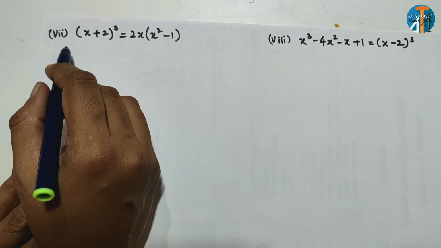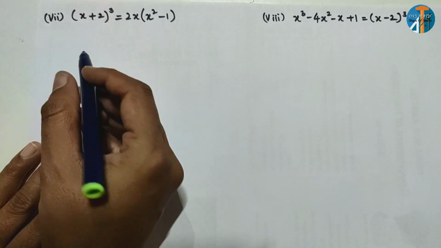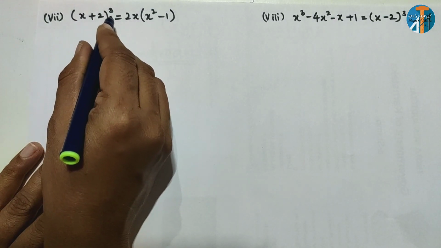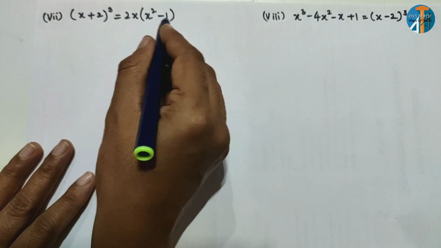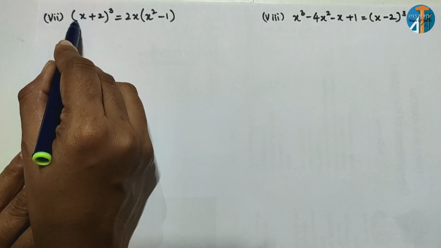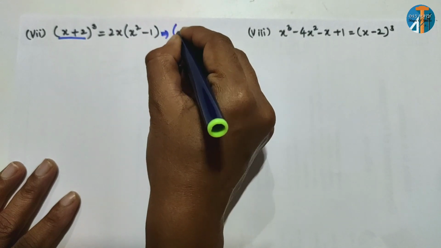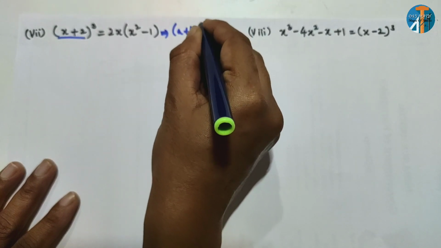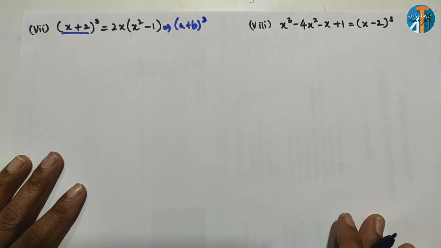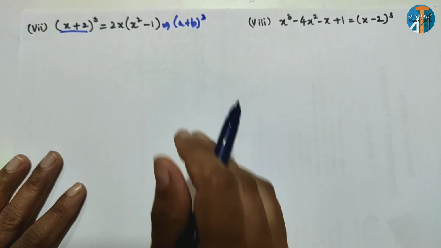Sub question 7. So if you come to sub question 7, x plus 2 whole cube is equal to 2x into x square minus 1. Now it is in the form of a plus b whole cube.